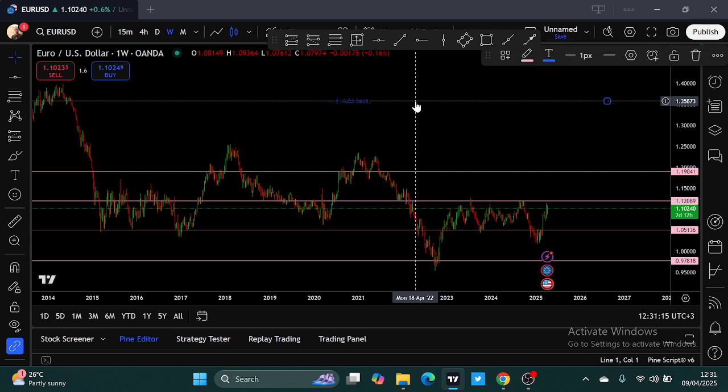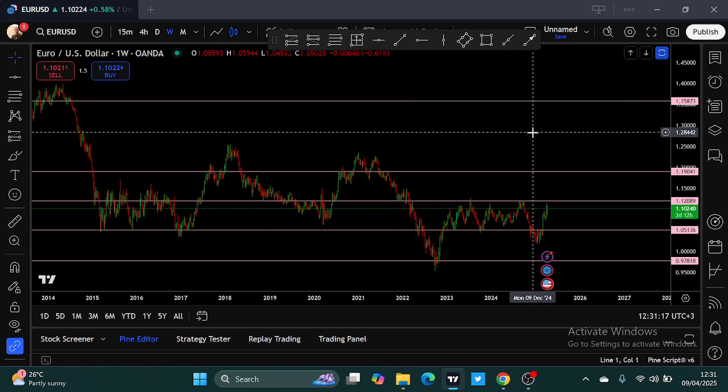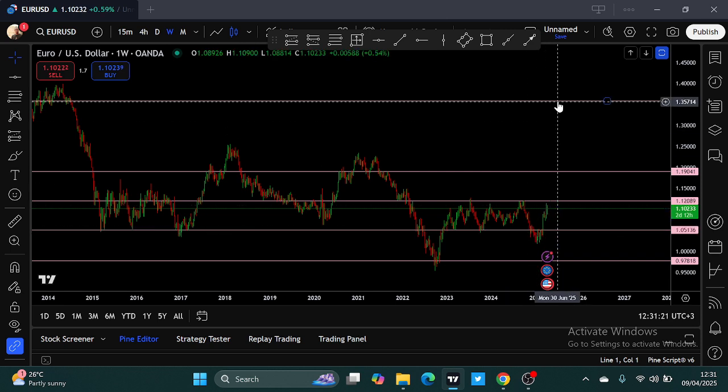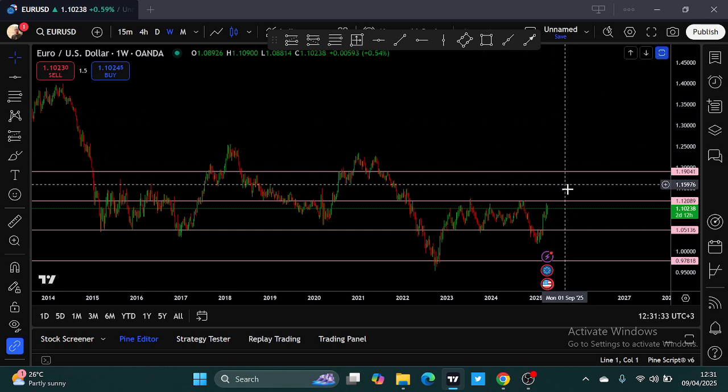They are very far away from price action, because guys, think about it. For price action to move from here to here, we shall need another like 3 years. So why do we need this level here when price to reach there will need 3 years? We don't need it, so that one we shall delete it. It was just for study purposes.